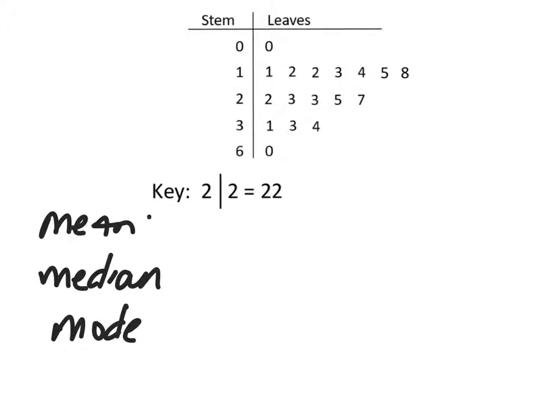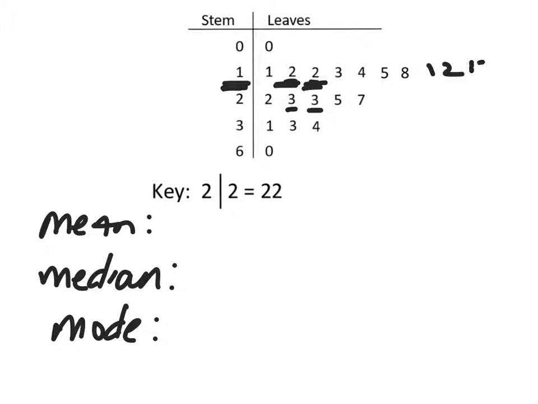Now, mode should typically be the easiest one to find because mode is which number shows up the most. So if I look in the leaves to see which digits I see more than once, I find that the number 12, not 2, because I have 1 ten, 2 ones.